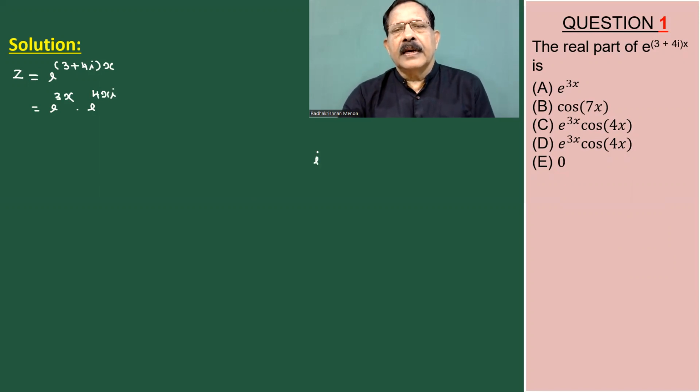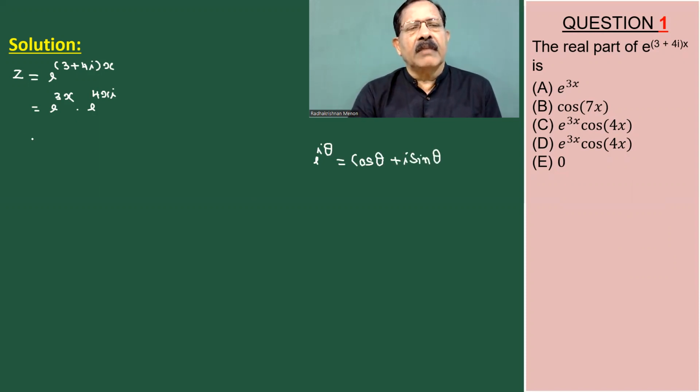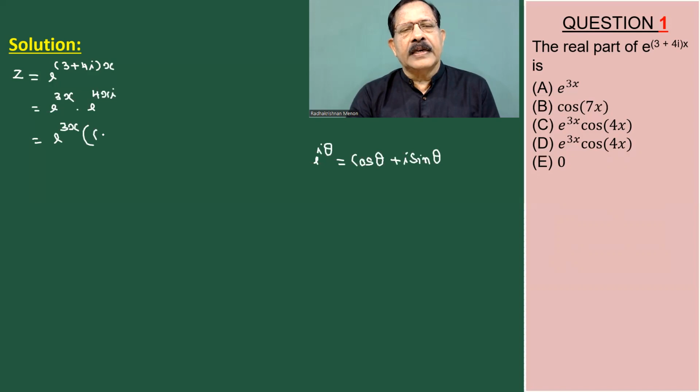What is it? e raised to i theta equals cos theta plus i sin theta. So we are using Euler's theorem to find the real part of the given complex number. We are simplifying it, so we are getting e raised to 3x into cos 4x plus i sin 4x.